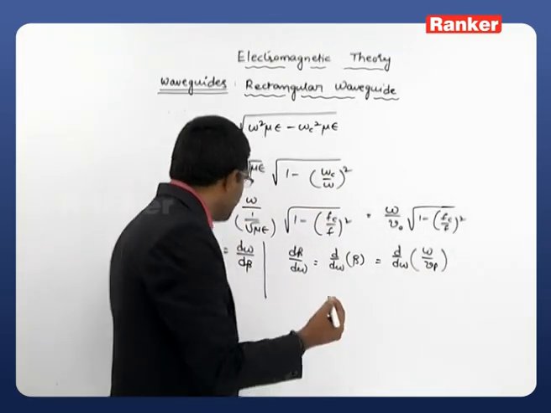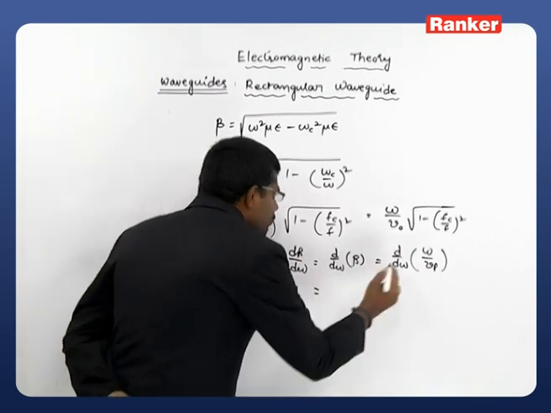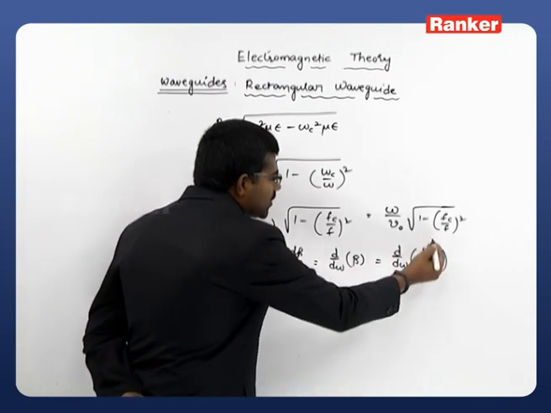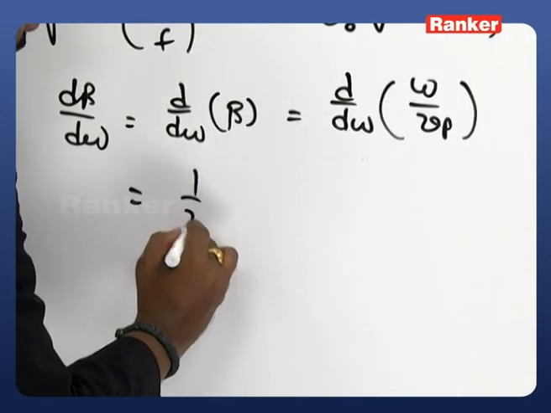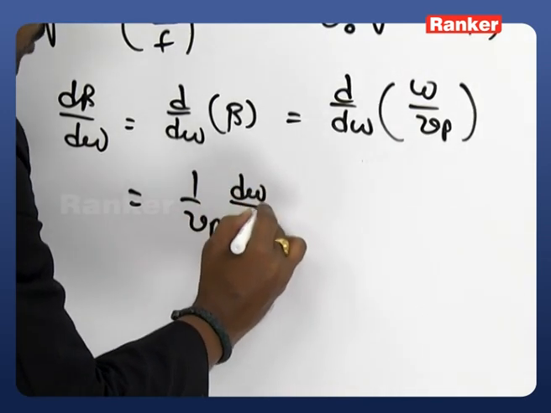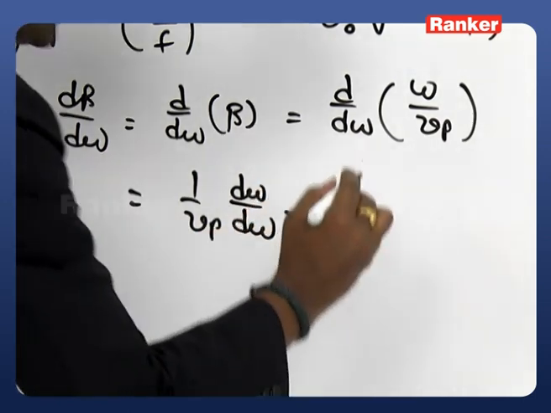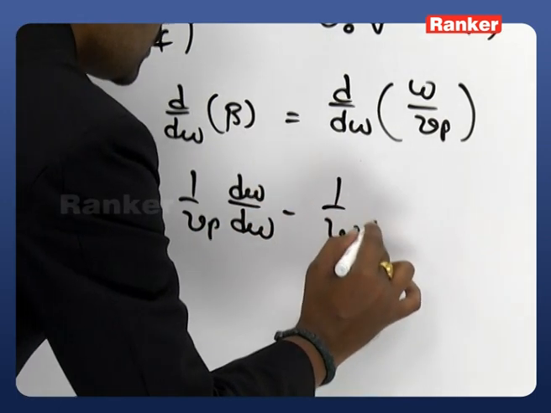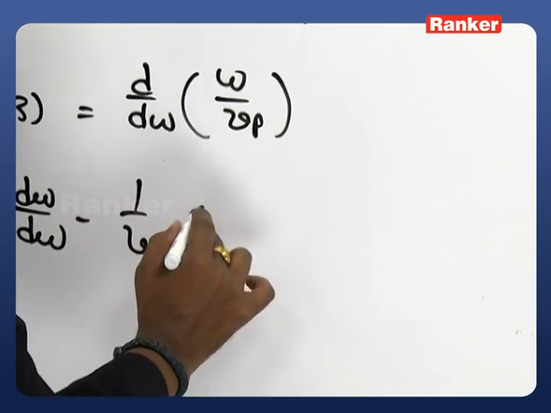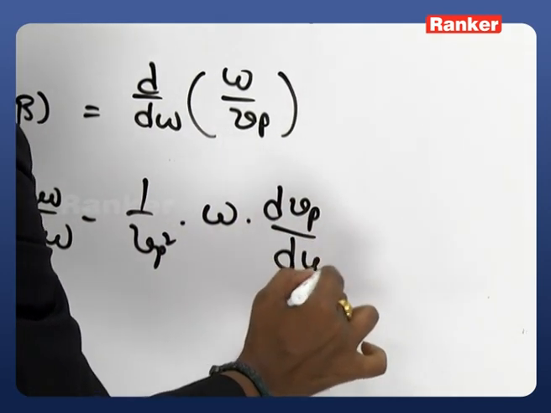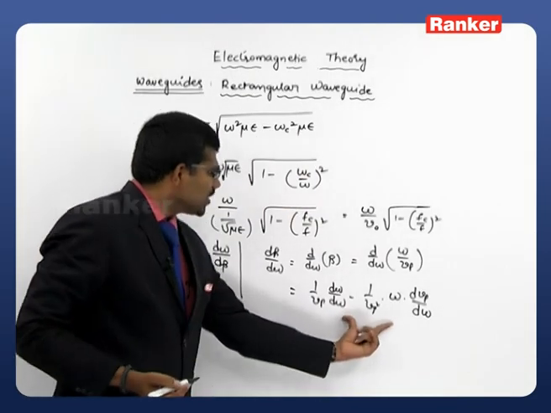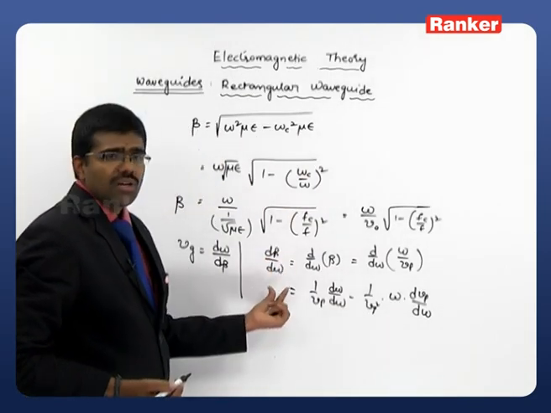This is a function like x by y, so d beta by d omega is equal to 1 by phase velocity, d omega by d omega, minus 1 by phase velocity square, omega d phase velocity by d omega. So this is the equation we have for d beta by d omega.